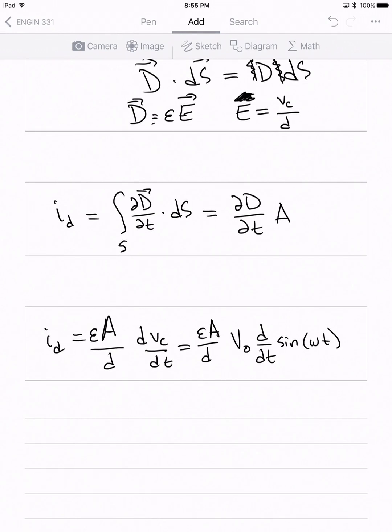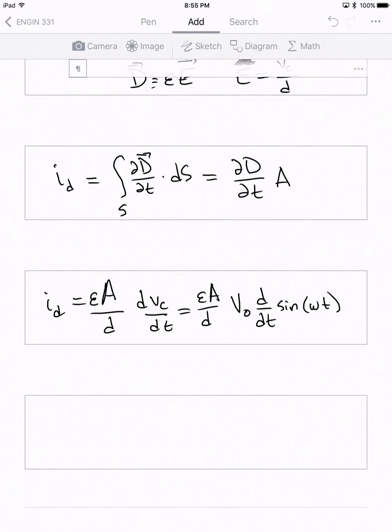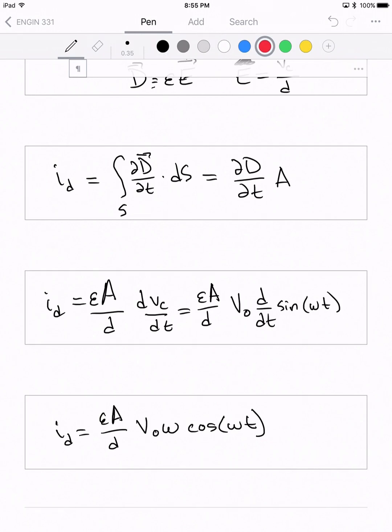When we do that, we get little i sub d is equal to epsilon A over D V naught omega cosine omega t. There we go. That's I sub D. That was in time domain. If we were doing this in phasor domain, let's go back up to that line where we're evaluating the integral and see what happens when we do it in phasor domain instead.